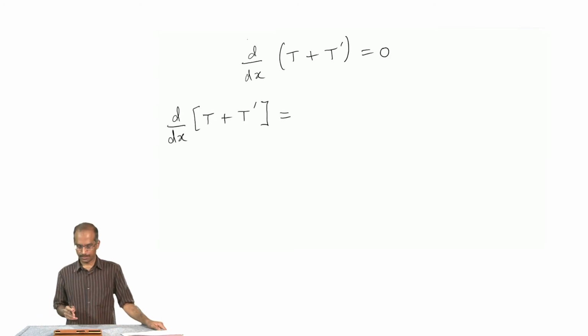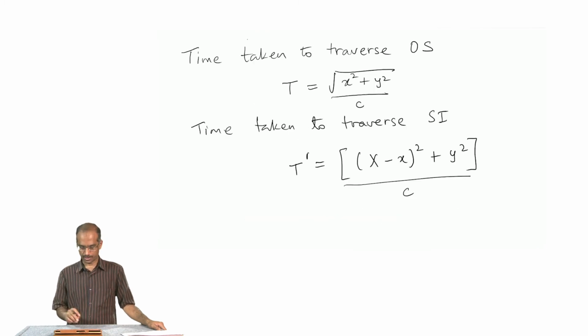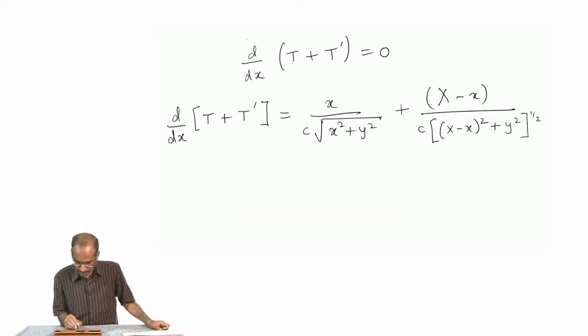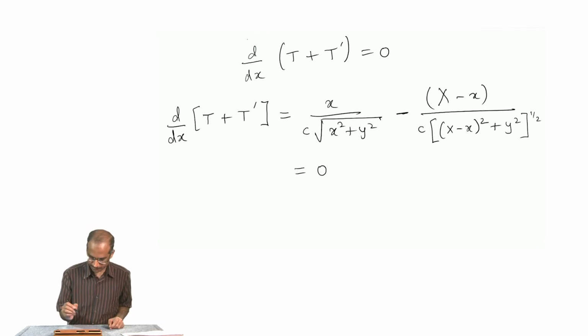So, substituting expressions for t and t prime that we just got in here, this is to be set equal to 0, and of course, there is a minus sign here when we differentiate, and this is going to give me the following equation.